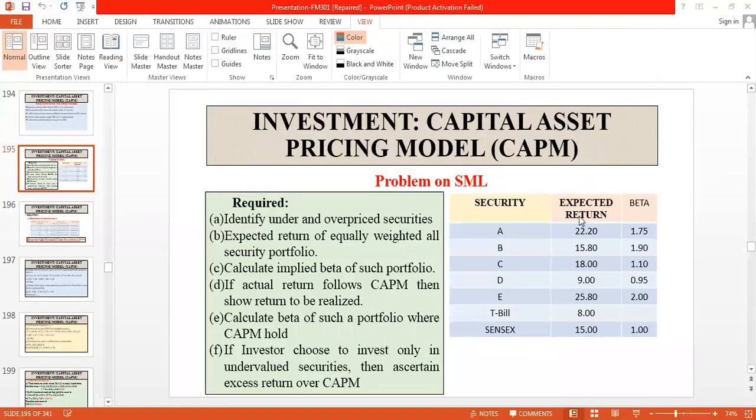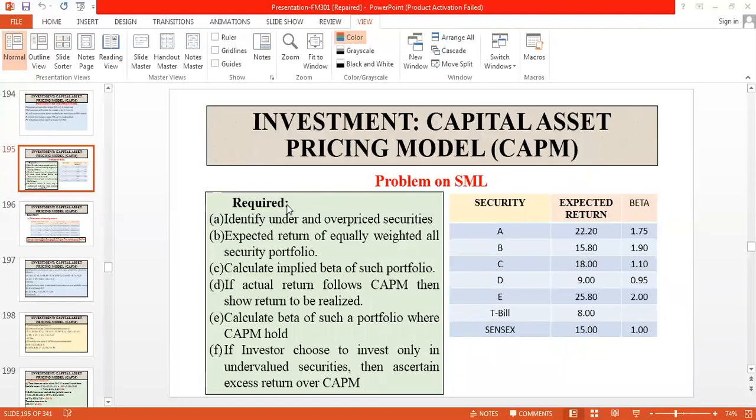It is providing an expected return of 8%. Now this is Sensex, meaning market index. Its expected return is 15, and the beta value of the market index will always be 1 since it has no systematic risk. So the beta value of Sensex is always considered as 1.